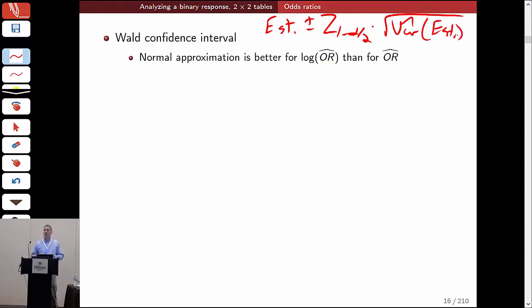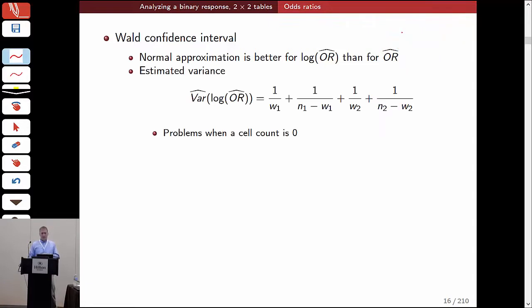And this just comes about through using the large sample normality of most maximum likelihood estimators. And one could do that then with your estimated odds ratio. But it turns out that by working with the log of that estimated odds ratio, you get a better normal distribution approximation. And so that's why you will see most people work with the log and then eventually transform back to the original odds ratio scale, you could say.